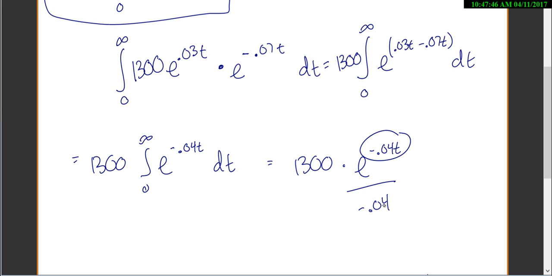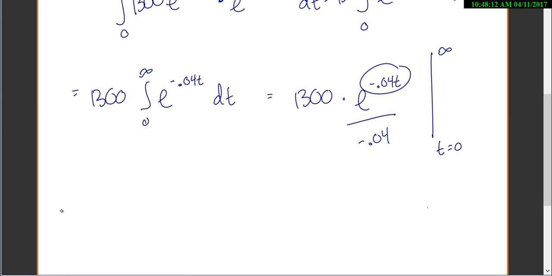If I'd had a derivative that wasn't just like a number here, I would actually have to do u substitution or something like that. But for just an e to the t with some constant, you can just divide by the derivative. So divide by 0.04. And if you don't believe that, go ahead and do your full u substitution. You'll get to the same answer. Okay. And we need to evaluate this from t equals 0 to infinity.